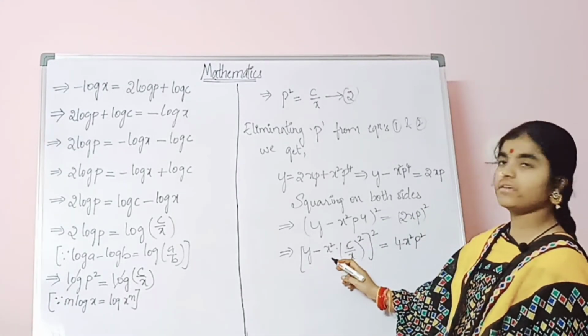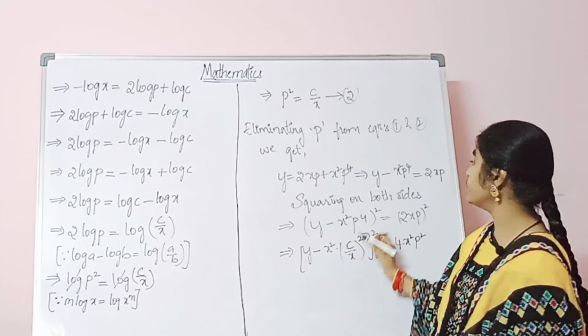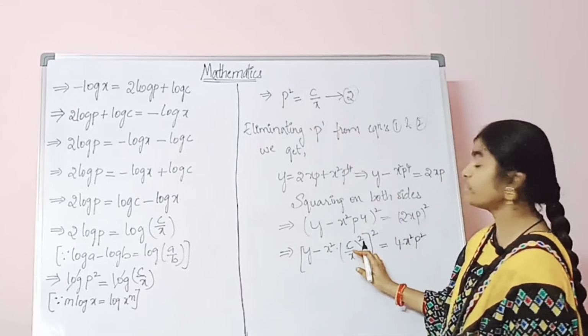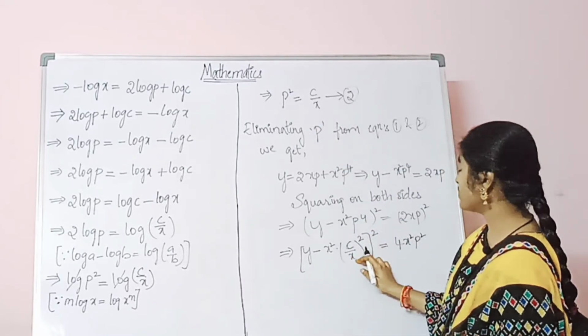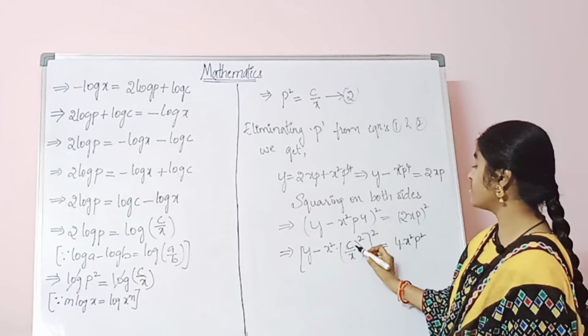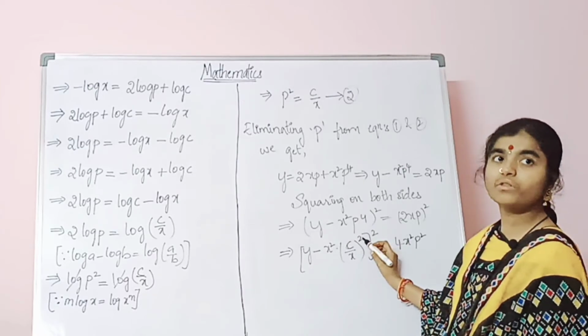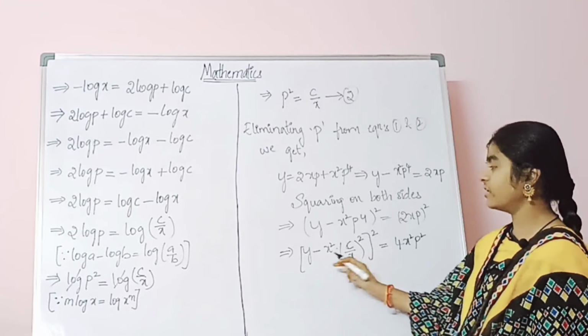Implies y minus x square into p power 4. So we are taking here p square value. What is p square value? C by x. Since here p power 4 is there, p square value c by x, one more square is remaining, c by x whole square.